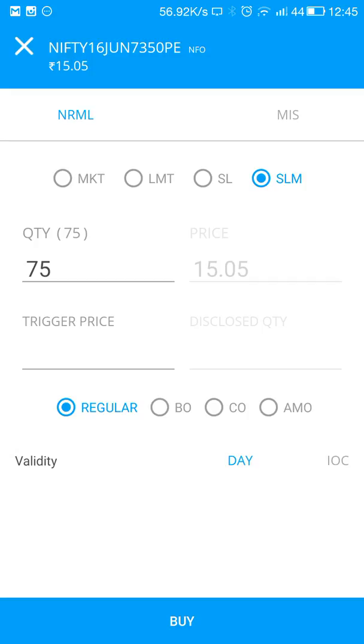Low, high, and ATP. If a script is hovering around the lower end, then it is going into losses and to the downside, so on that script you need to short it. When something is hovering at the high, then it is doing good, and we need to buy this, right?